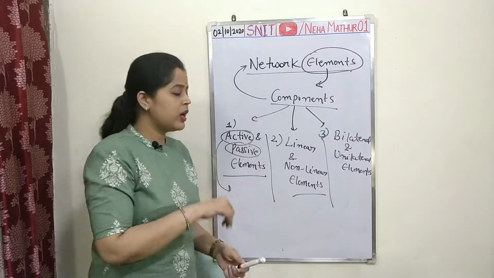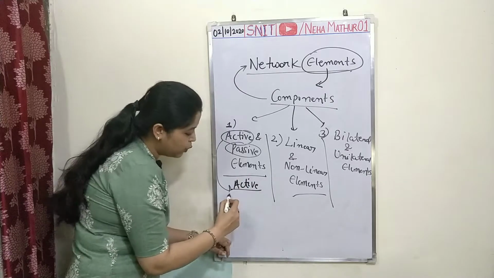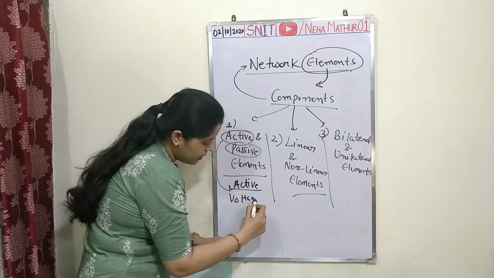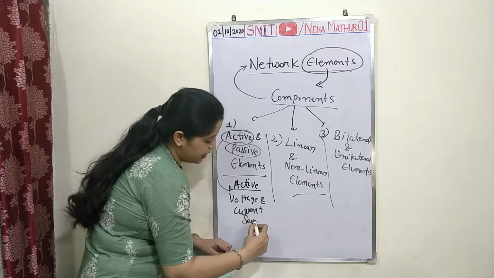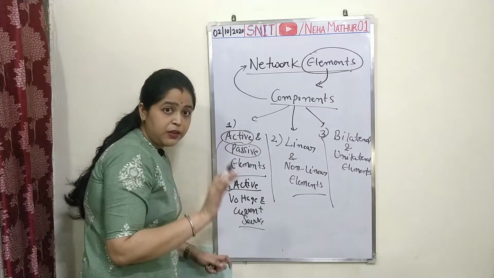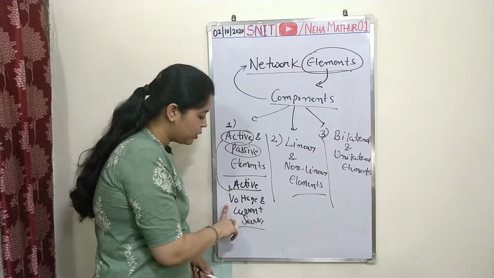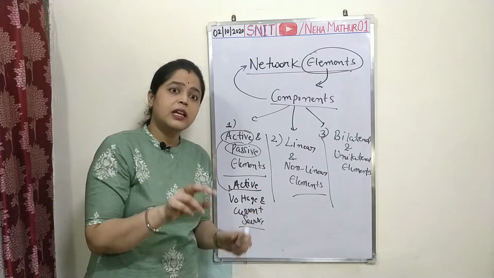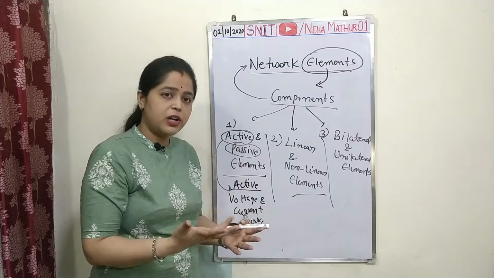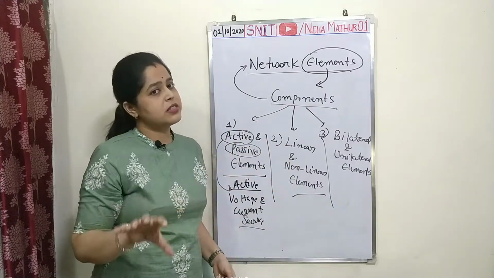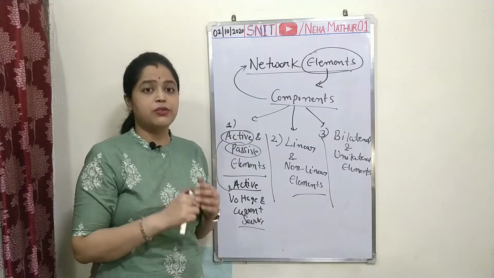Now how can you understand this? Voltage source and current source come under the category of active elements, because if you have any electric circuit and you are using a voltage or current source in that circuit, these elements are going to deliver power to the remaining electric network.